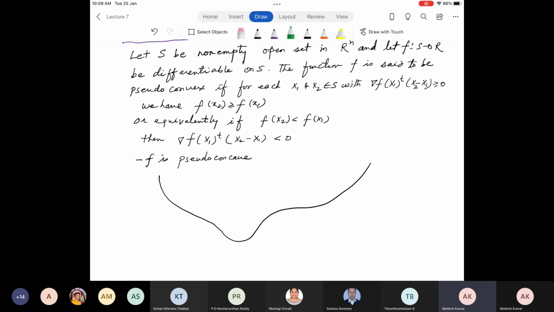So pseudo-convex function. In case we know that if it is completely convex, its structure looks something like this. Is it visible?